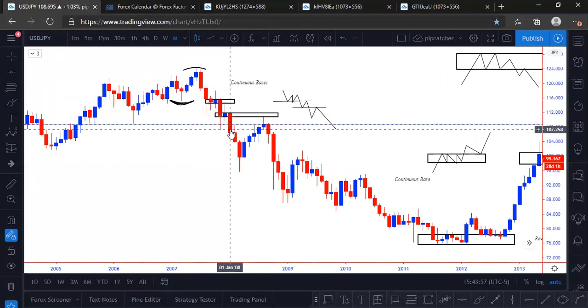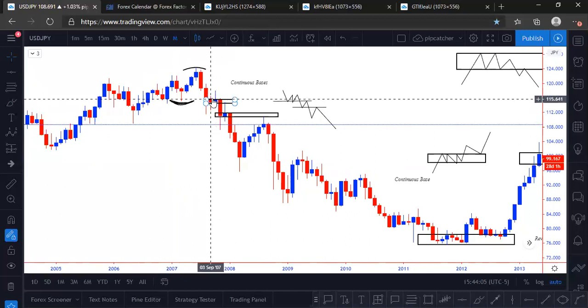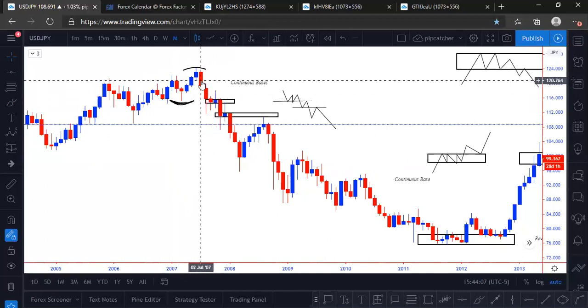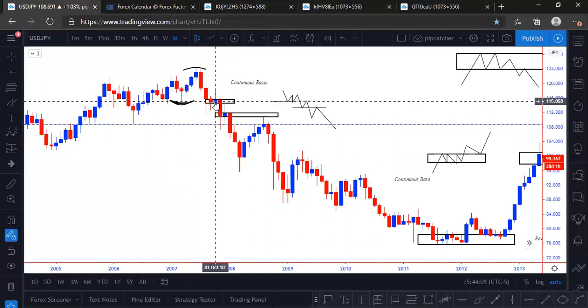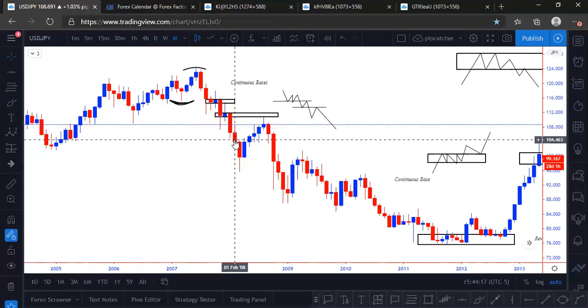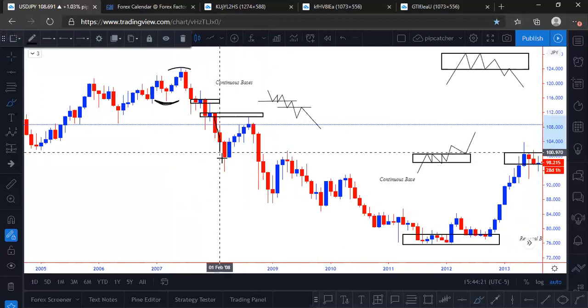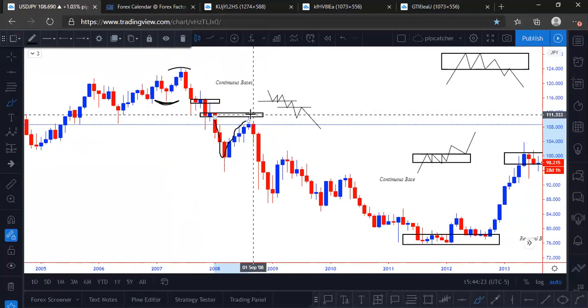And then got engulfed. Well, there's two continuous bases right in a row, right? So this would be a drop in price, a base, and then a drop, right? And then another one, drop, base, drop, right? And what happens? Price dropped and made its way back right here.